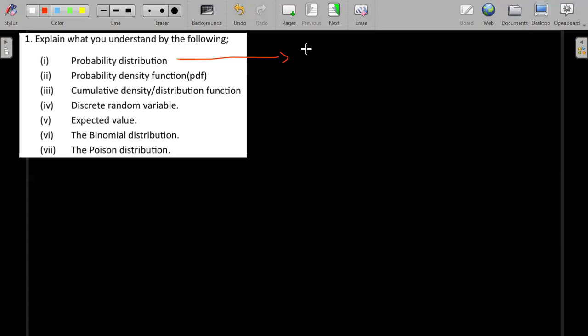Okay, the first one is the discrete probability distribution. The discrete probability distribution is for countable outcomes, and we have examples such as the binomial distribution and the Poisson. These are discrete probability distributions.